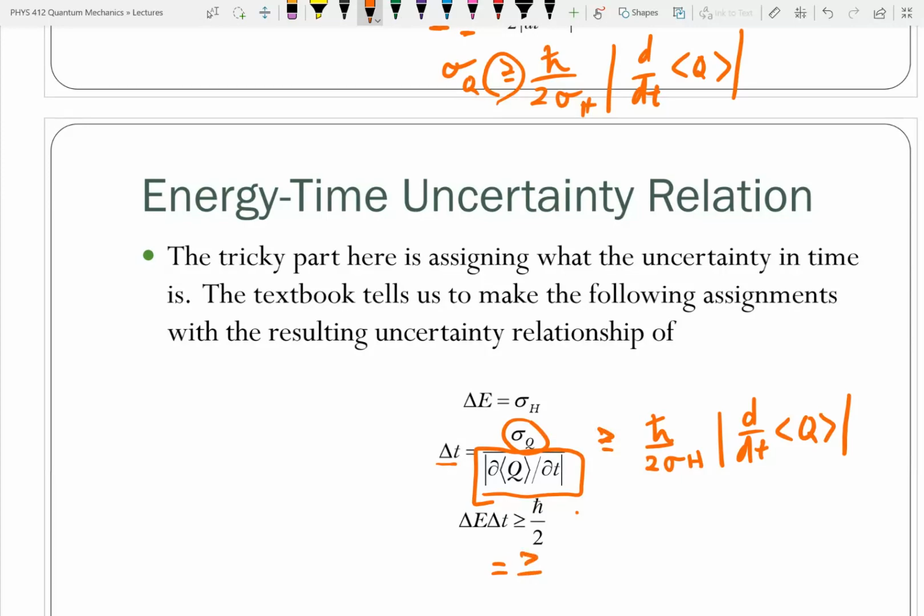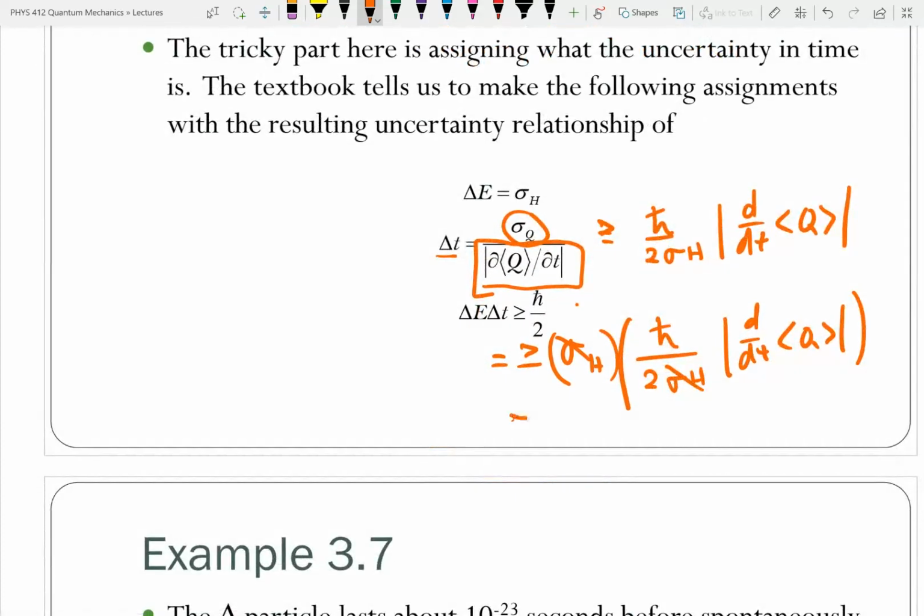So there's the uncertainty in energy. And so we have greater than or equal to H bar over 2. And then I have this term here.